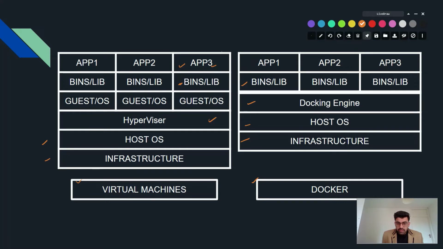And once you are done with it, you provide this bundle to the tester, and then they can run it on their machine where the hypervisor is installed or where the Docker engine is installed. So you have to provide this bundle to the tester or someone else who wants to use this application in their system. The overhead of installing the libraries is saved in both the virtual machines and Docker.